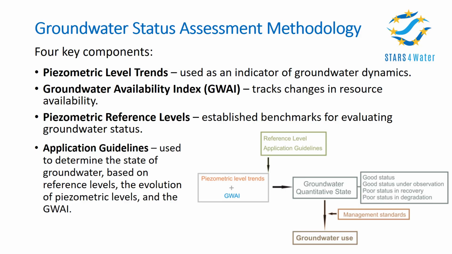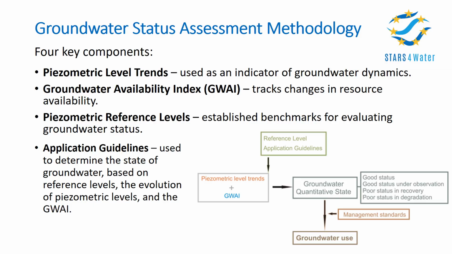The groundwater status assessment methodology is based on 4 key components. Piezometric levels are used as an indicator of groundwater dynamics over time. The Groundwater Availability Index reflects change in the availability of the resource.